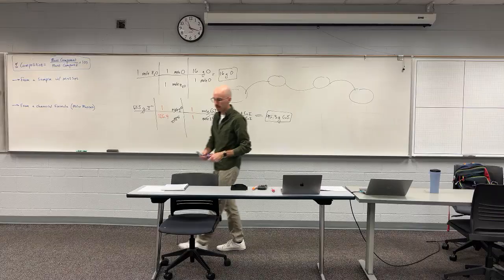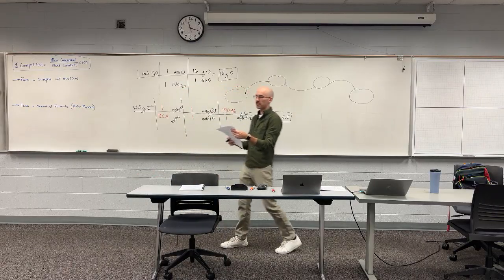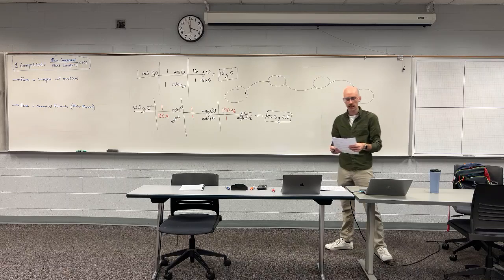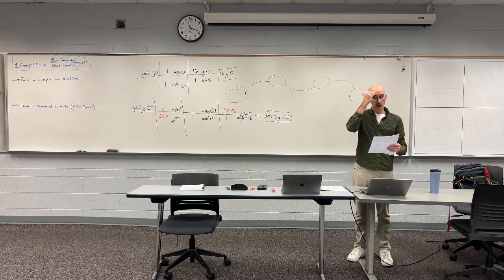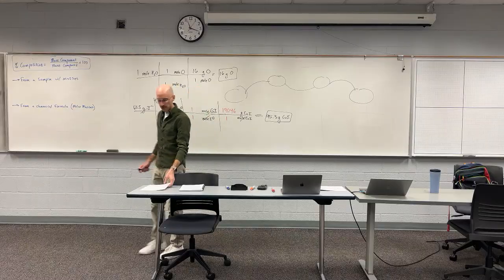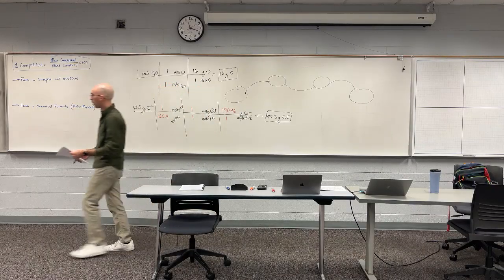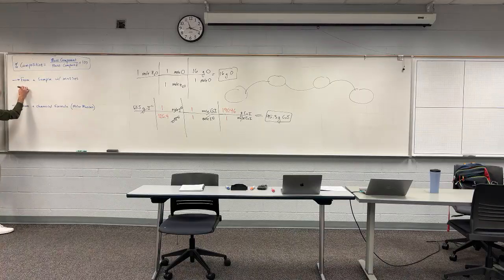The top question, number 7. What is the percent composition of carbon, hydrogen, and oxygen in a 174 gram sample containing 108 grams of carbon, 18 grams of H, and 48 grams of O? Let's calculate percent composition of carbon together.